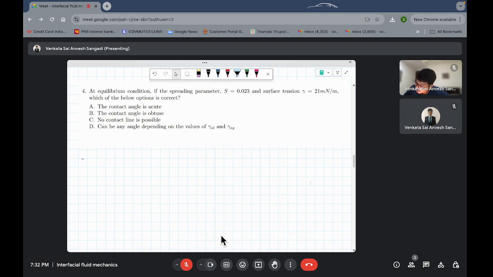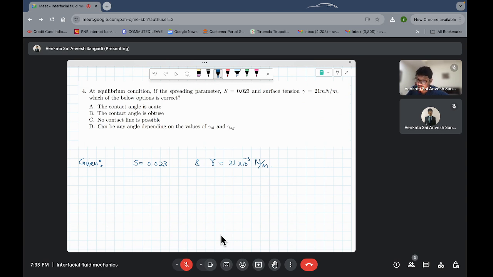So given S is equal to 0.023 and the surface tension gamma is given as 21 into 10 power minus 3 Newton per meter, which one of the options is correct? The options are given in terms of angle.